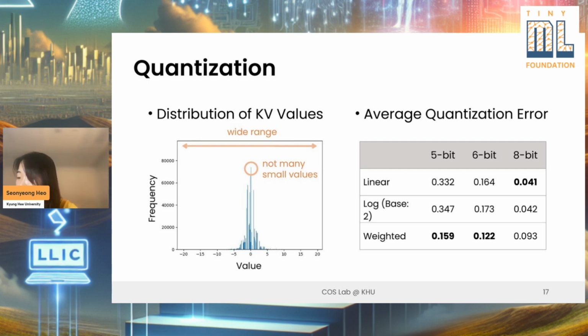We measured the average quantization error to compare different quantization methods. The results show that the quantization error decreases when the data precision becomes higher. The 5-bit quantization obtains a high quantization error, and with the 8-bit quantization, it obtains much less quantization error.